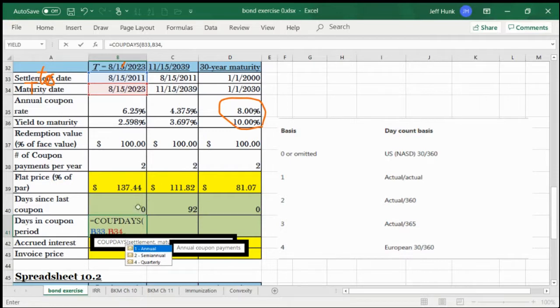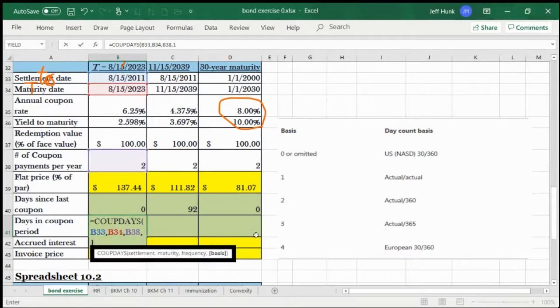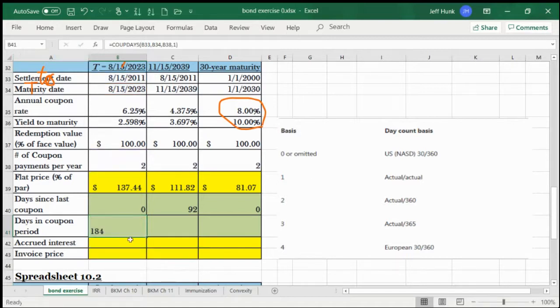And frequency, semi-annual. You can click this, but we have data here, so I'll click that. And then actual, right? So then enter, and we drag it across, okay?